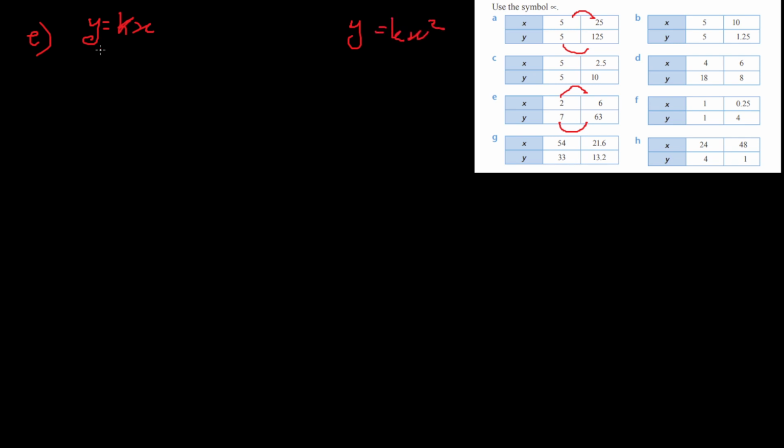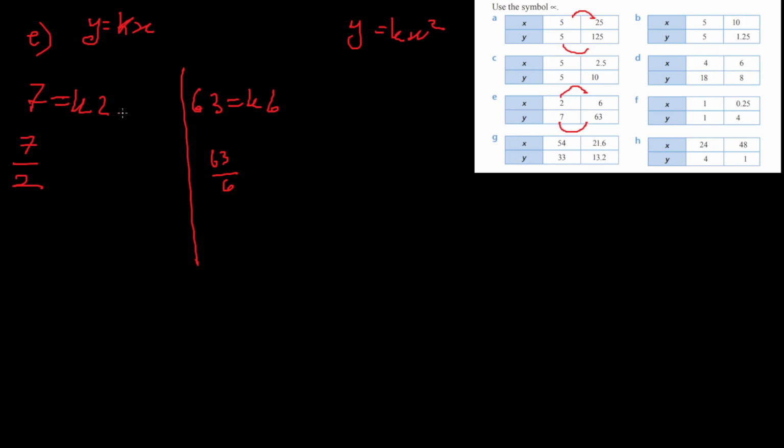Let's do this one first. Let's plug in our values. So 7 equals k times 2, and our second one is going to be 63 equals k times 6. This is 7 by 2, this is 63 by 6, and if we simplify this, we know we're not going to get 7 by 2.